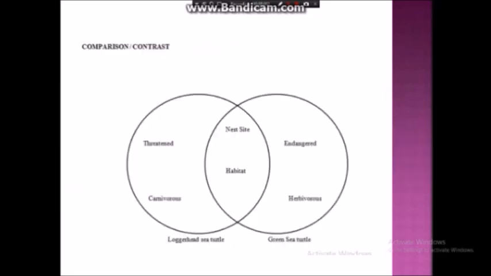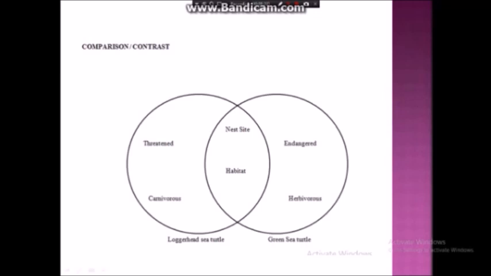We can use a Venn diagram like this to represent the similarities and the differences between loggerhead sea turtle and green sea turtle. We can see here that the nest site of loggerhead sea turtle and green sea turtle is the same, but the status of loggerhead sea turtle and green sea turtle are different.